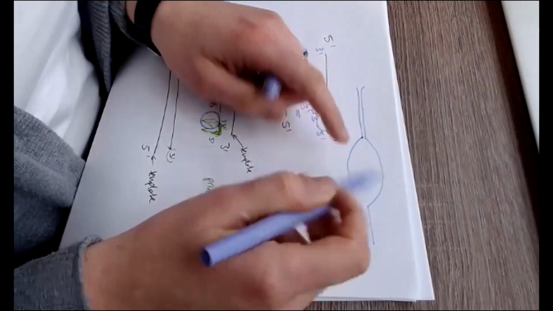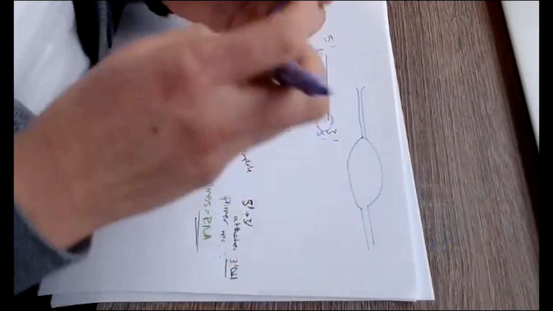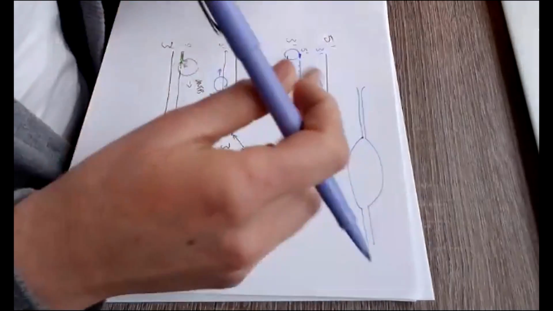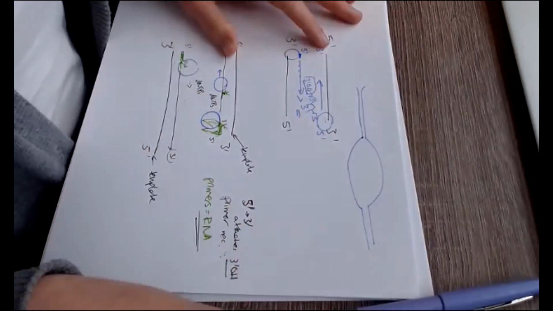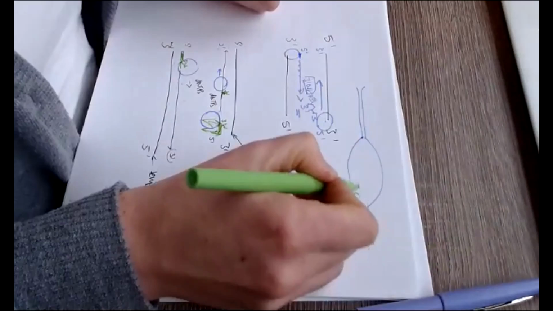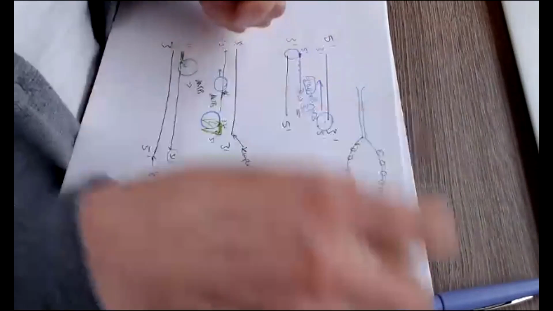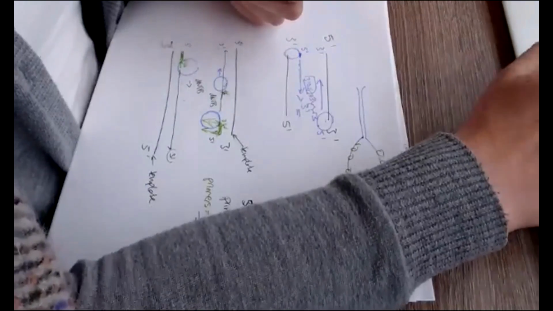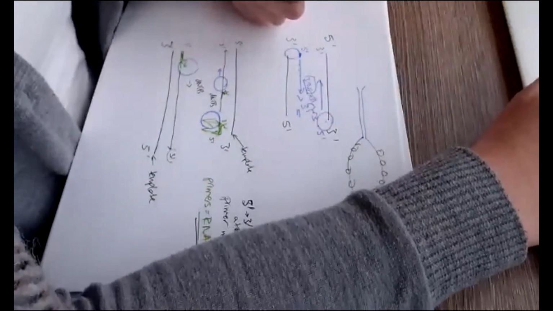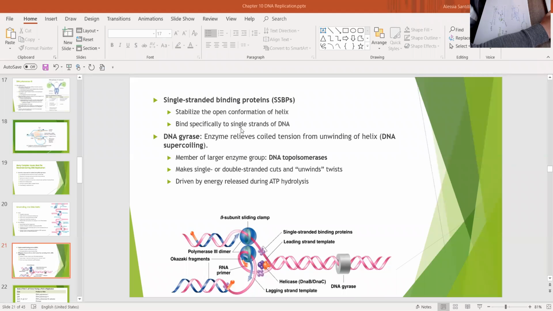In order for them not to bind back together, we have proteins known as single-strand binding proteins that bind to this single-stranded DNA and stabilize it and prevent it from binding back to each other. So this is what we call SSBPs, single-stranded binding proteins. They bind specifically to the single strands of DNA, and they stabilize the open conformation of the helix.